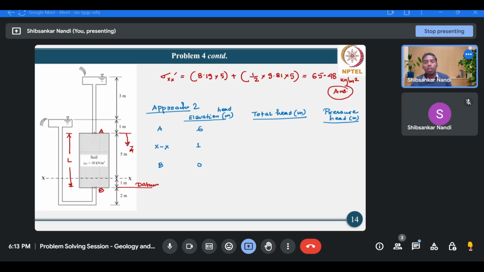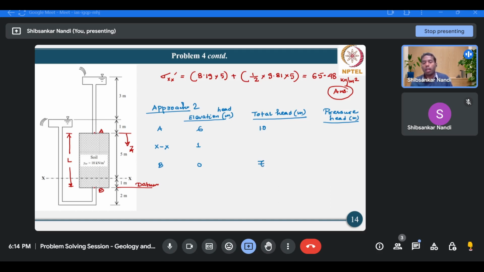For total height, as you can see, for point A, it's 1 plus 5, that means 6, plus 1, 7, plus 3, 10. So it's 10. And what about B? For B, it's 1 plus 5 plus 1. So that means 7.